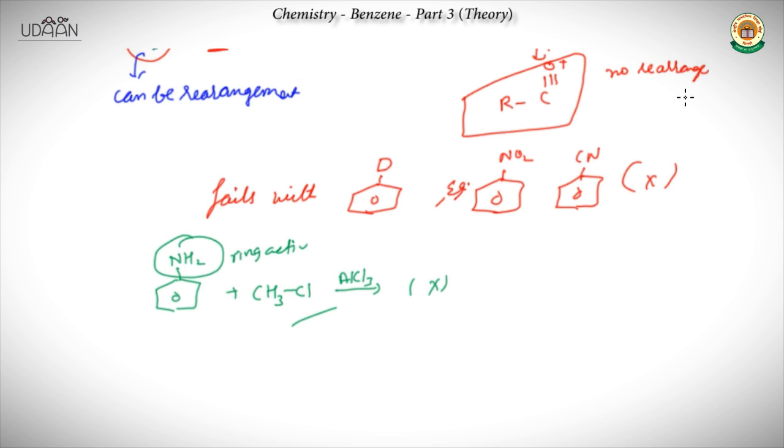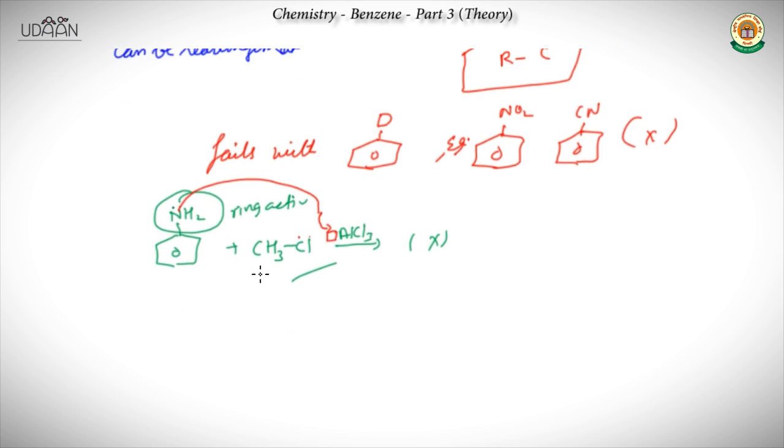If you can see, nitrogen has a lone pair of electrons, and this aluminum has a vacant orbital. Even instead of Cl, this nitrogen can also donate its lone pair more efficiently than chlorine. And you have a compound like NH2+ AlCl3 minus.